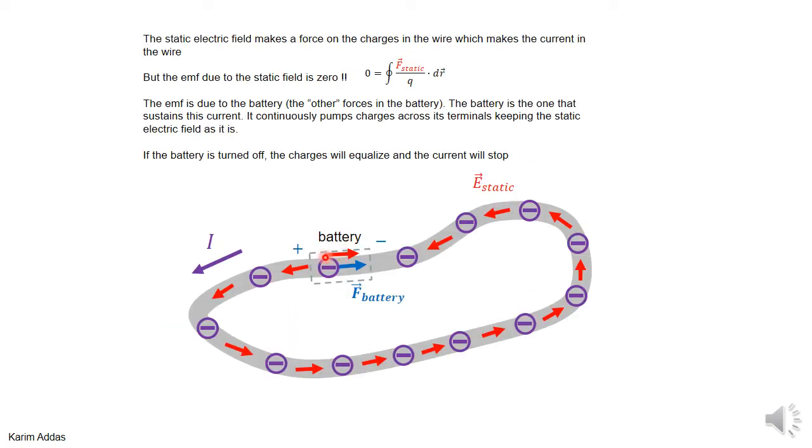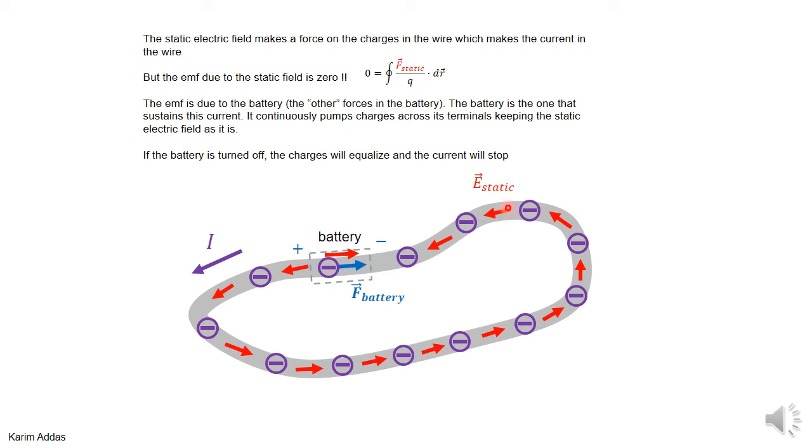So when you have a battery like this, remember a battery pumps charges, and it makes charges accumulate on the surface, and those surface charges make the electric field inside the circuit. So yes, the thing that's making a force on the charges in the circuit is this static electric field, but it's not the source of the EMF. And there's a difference between these two things.